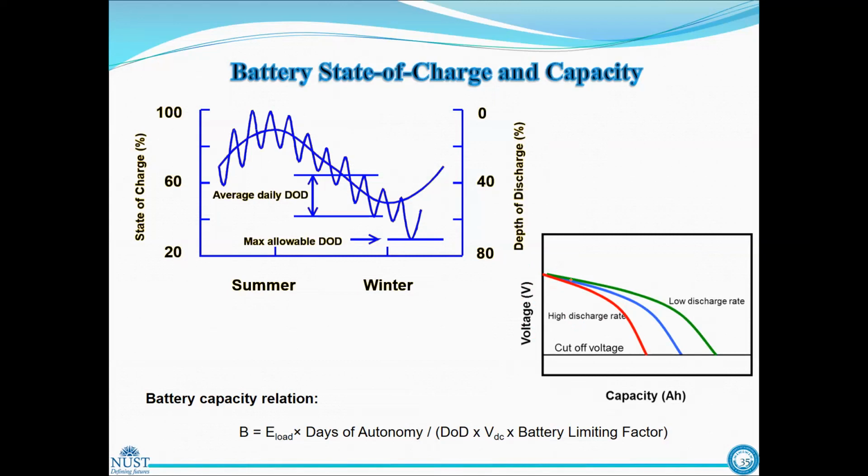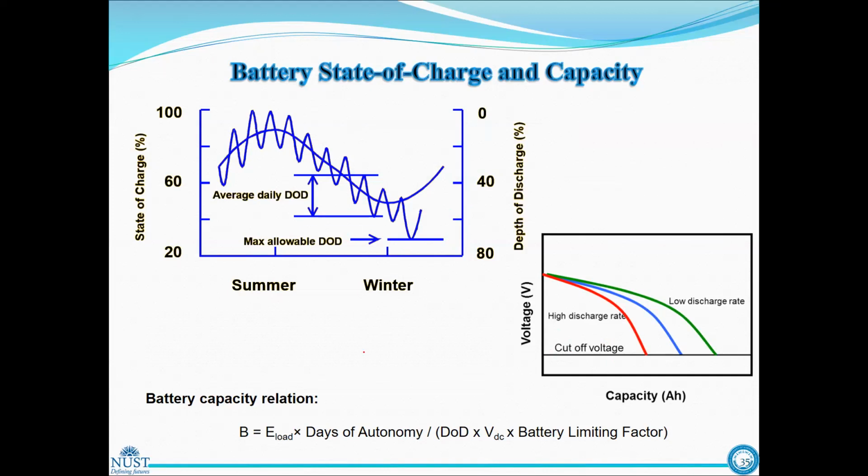But when we start discharging it, the voltage will also be decreasing, and we will reach, after a certain discharging level, up to DOD, there will be cutoff voltage. So we must disconnect here all the loads from the battery. So DOD corresponds to the cutoff voltage, and this is the value where we have to disconnect the system.